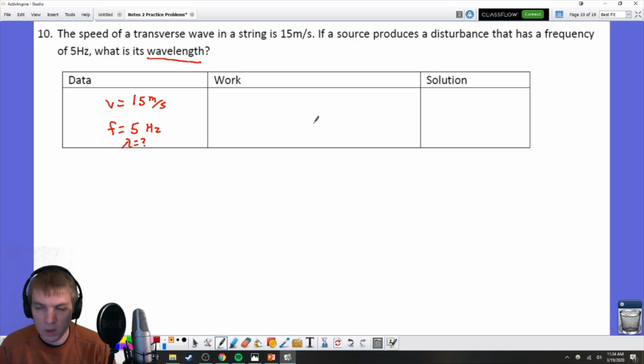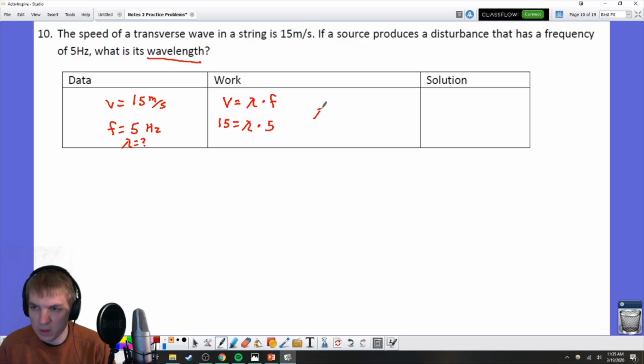We don't know. But remember the equation that we just saw in the previous problem and in the notes. V is equal to wavelength times frequency. So what you're going to do is just take these values and plug them right into the equation. So 15 for V, 5 for F. So 15 is equal to my wavelength times 5.